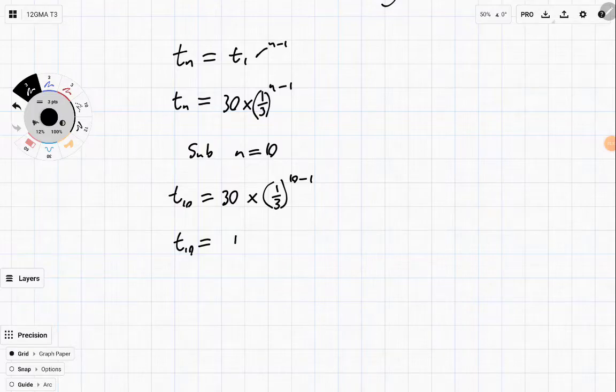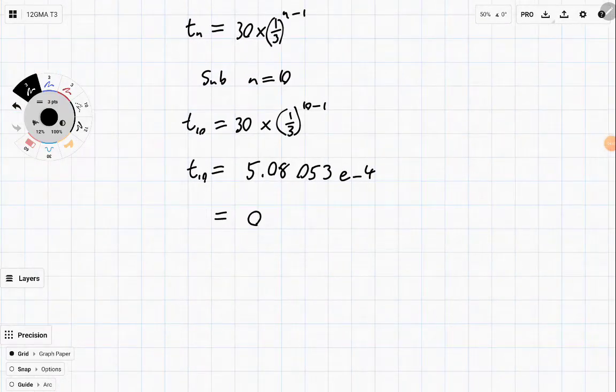So it says 5.08053 e to the negative 4, or you might see times 10 to the negative 4. Mine in fact just looks like e to negative 4. And what that means is that it's scientific notation, and it means move the decimal point 4 places to the left. So after doing that, you get 0.0000508.